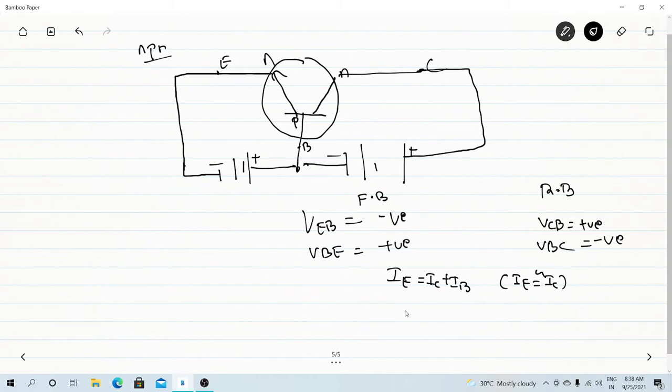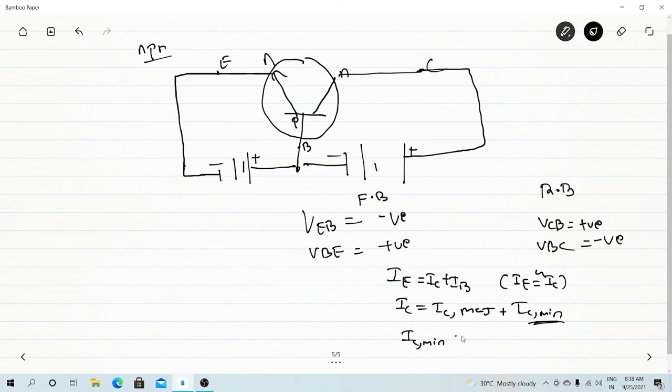Another thing that we discussed is IC equal to IC majority plus IC minority. So this also remains valid. This IC minority is my minority current, where we keep the input current to be 0.